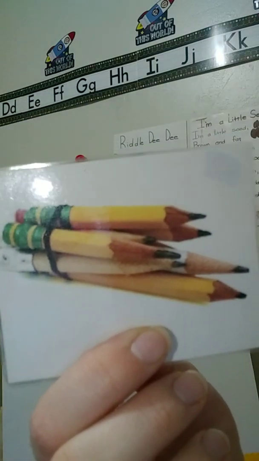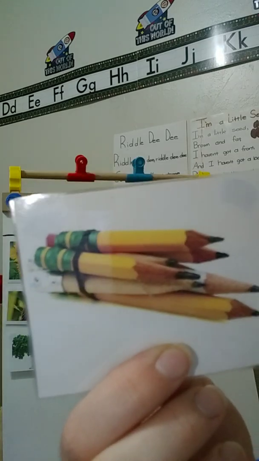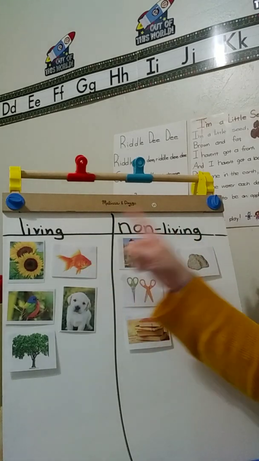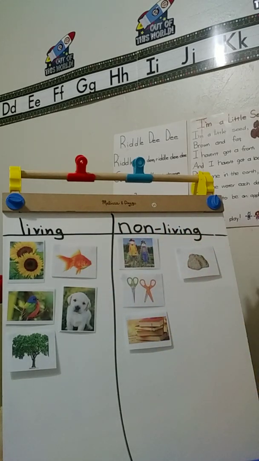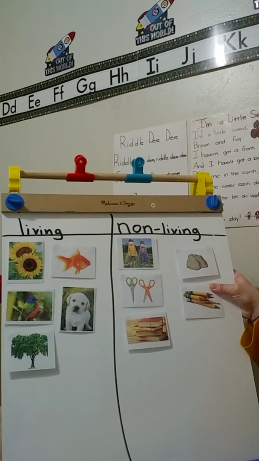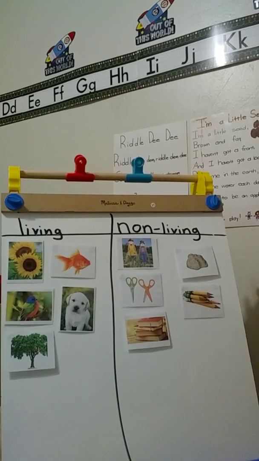How about these? These are pencils that are used up. Can the pencils move on their own? No. Can they breathe? No. Do they need food or water or sun in order to grow? No. So is it living or non-living? It is non-living.